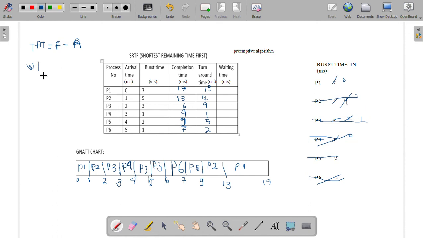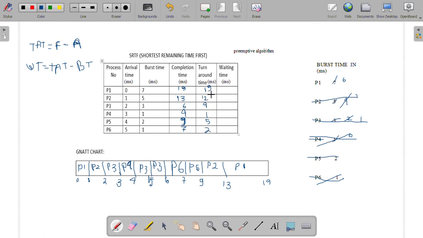Waiting time is TAT minus BT, that is turnaround time minus burst time. Okay.